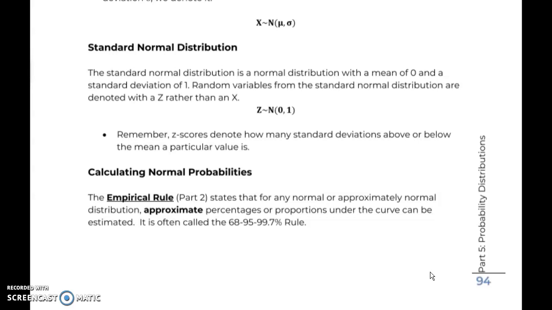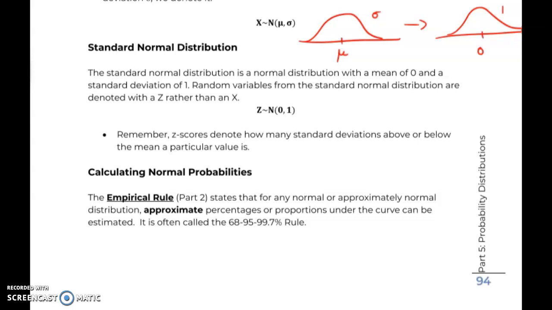We basically take our continuous random variable, which has some mean mu and some standard deviation sigma, and convert it to a standard normal distribution, which has a mean of 0 and a standard deviation of 1.